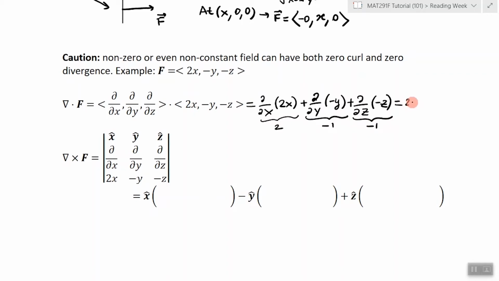So we get 2 minus 1 minus 1 equals 0. So you see the divergence of this field is 0. This field is not constant, okay, but also, surprisingly, curl of this vector field is also 0.